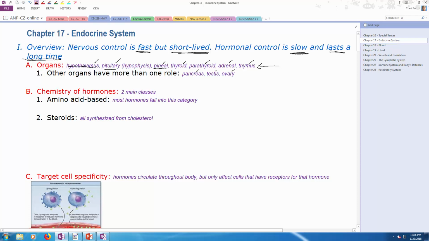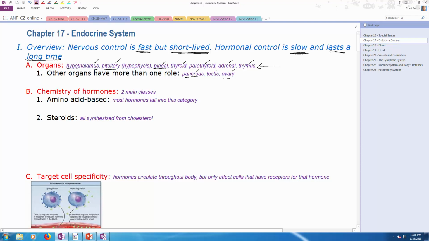What system have we talked about? Brain, so therefore nervous system. So our hypothalamus actually is a nervous system structure. Pituitary gland is also a nervous system structure, and so is the pineal gland. So they have a dual function. Other organs that also have a dual function are the pancreas, testes, and ovary.